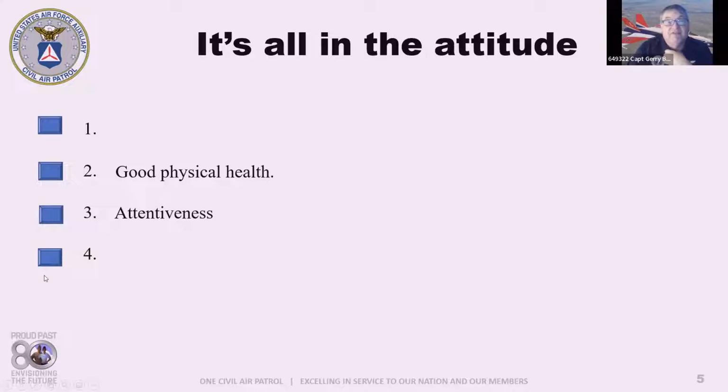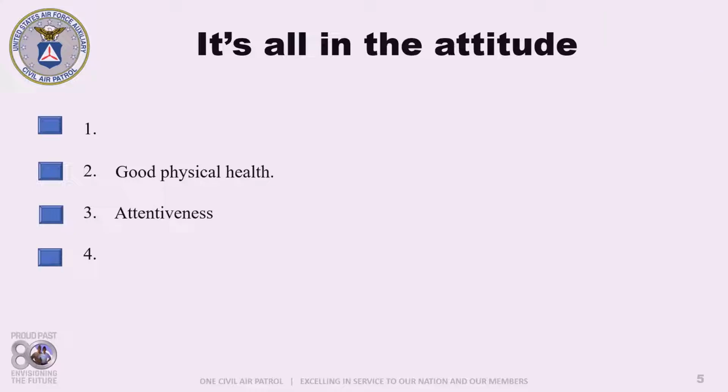Somebody's going to figure out number 1 real quick here. Good physical health includes making sure you're not fatigued. Not like I was Saturday. For those of you at the Michigan Wing Conference, you understand that comment. Sickness, you're hydrated, you've eliminated as much stress as you possibly can for the mission.